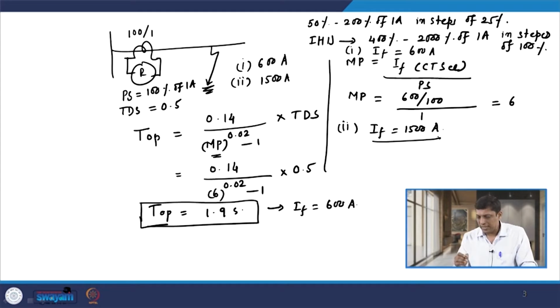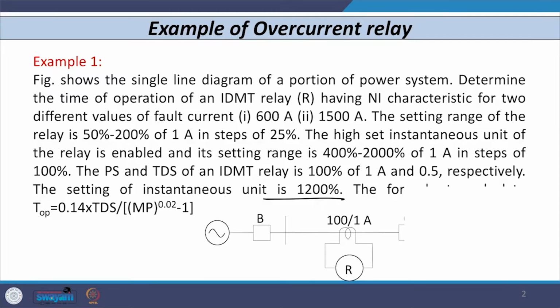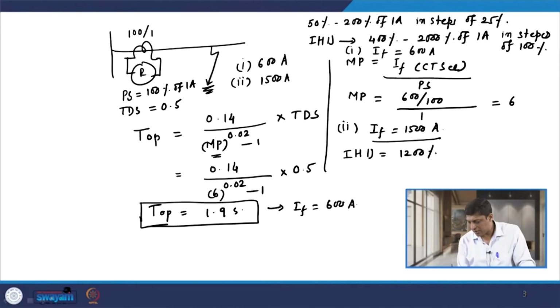However, the setting of the instantaneous high set unit is also given. If I look at this example, the setting of the instantaneous high set unit is given as 1200% of rated current, that is 1 ampere.